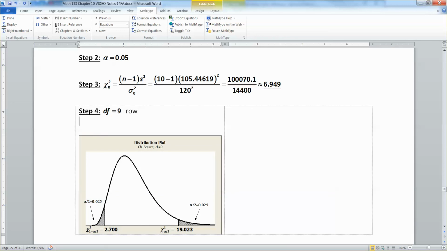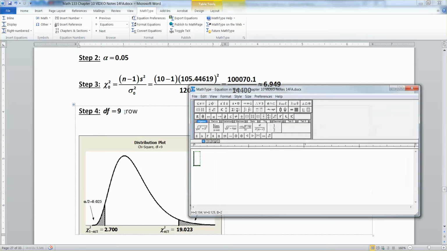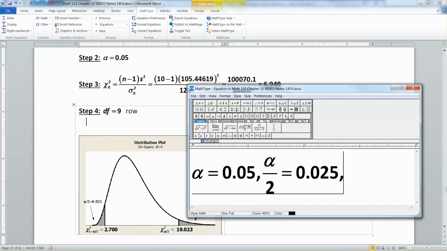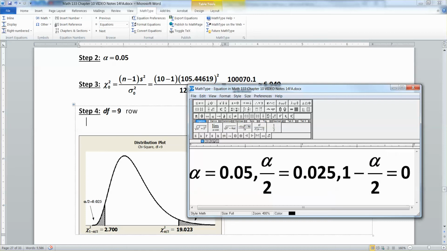Then we need alpha over 2. So remember that alpha was 0.05. That means that alpha over 2 is 0.025. And that means that 1 minus alpha over 2 will be 0.975.